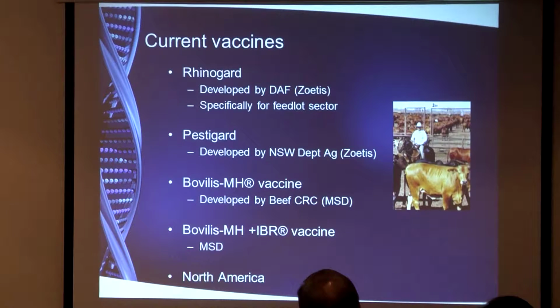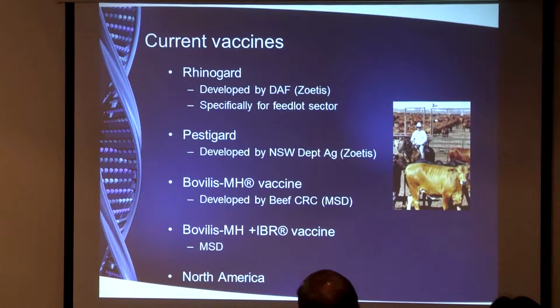It was developed specifically for the feedlot sector. So it's a modified live intranasal vaccine. They get one dose at induction on arrival at the feedlot, and that generates a non-specific rapid immune response, and they develop acquired immunity after that.